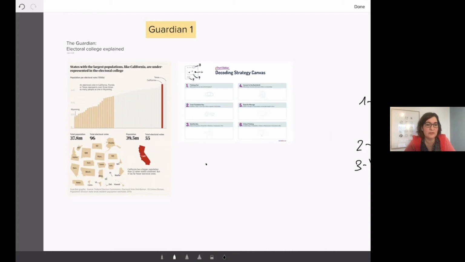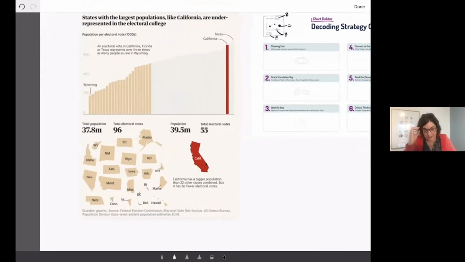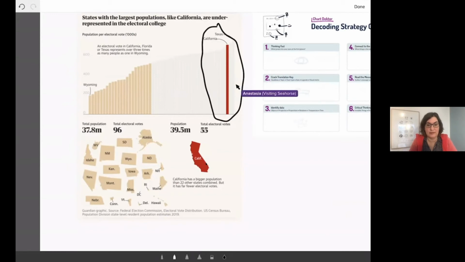Yeah, I also found this confusing here, and it took me some time. So the first thing I was seeing when thinking fast was, California seems to have a problem because this is red, right? So this is the 3 seconds thing.